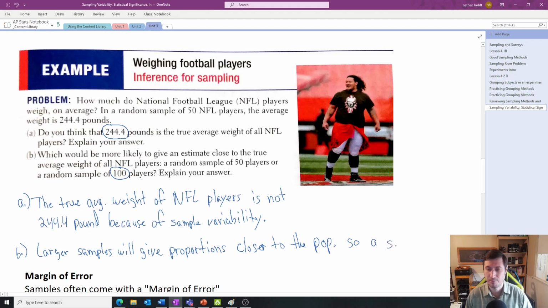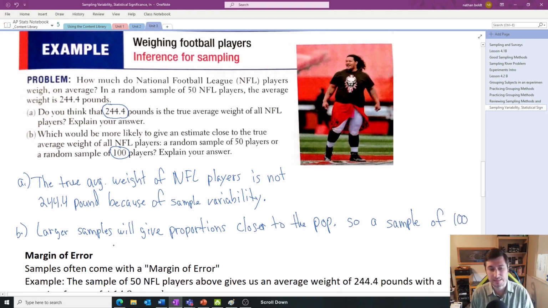So a sample of 100 would give us a closer estimate. I'm hoping that makes some sense. It's fairly self-explanatory, maybe.